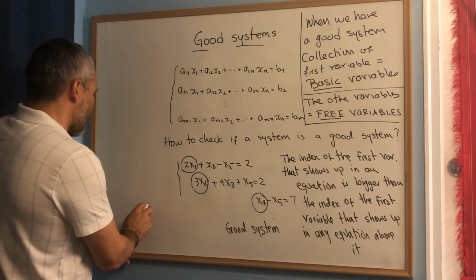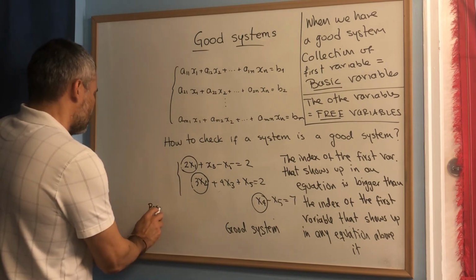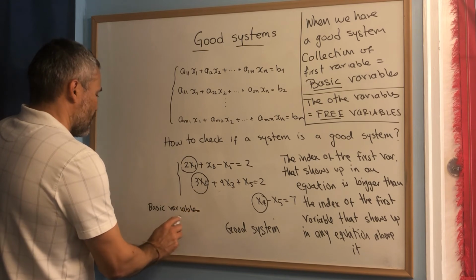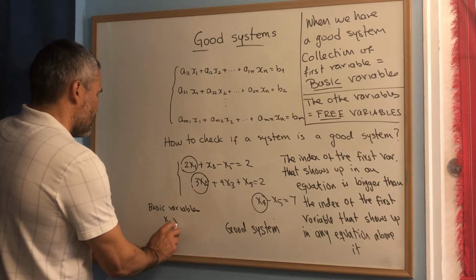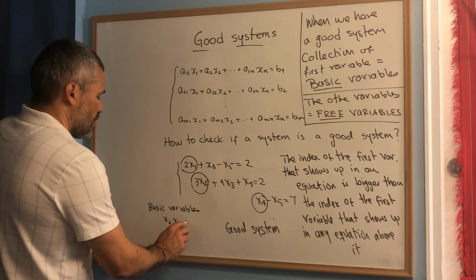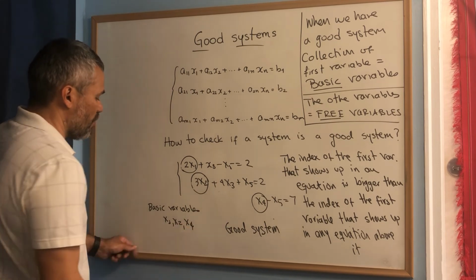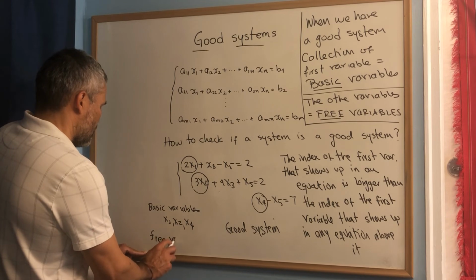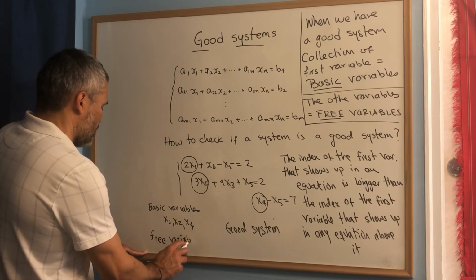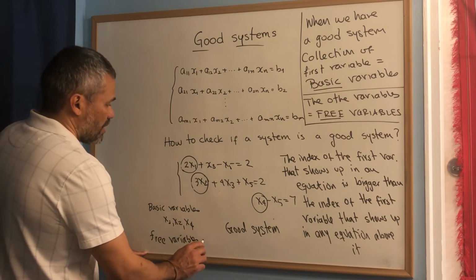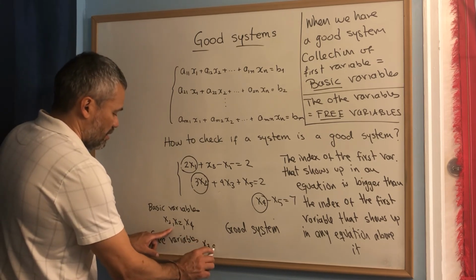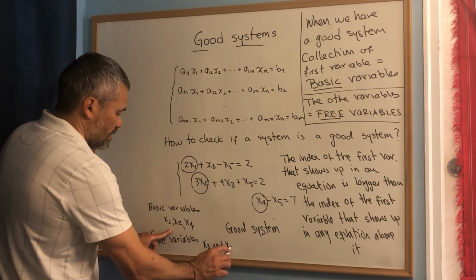Then the basic variables are going to be x1, x2, and x4, and the free variables are going to be x3 and x5.